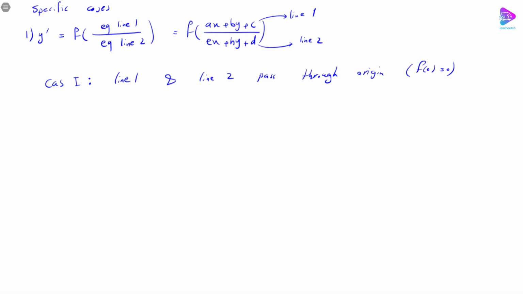And how do we know that? As soon as the equation changes to f of ax plus by and there is no third constant, we know they pass through the origin. So basically c equals d equals 0.